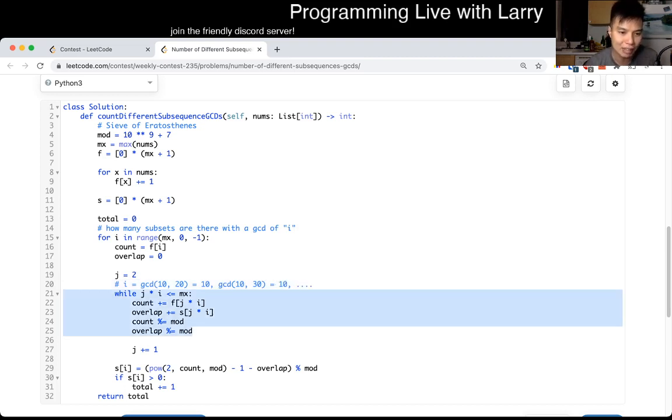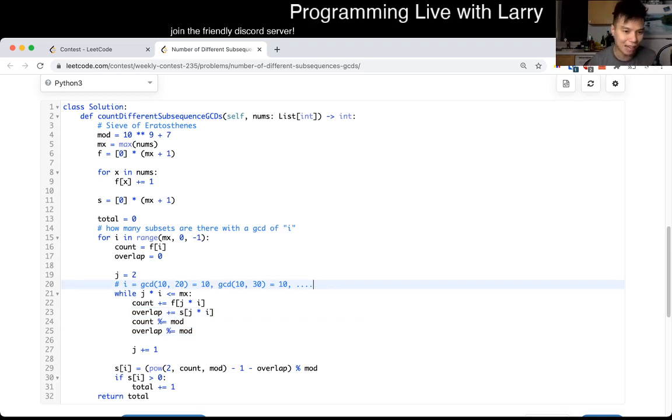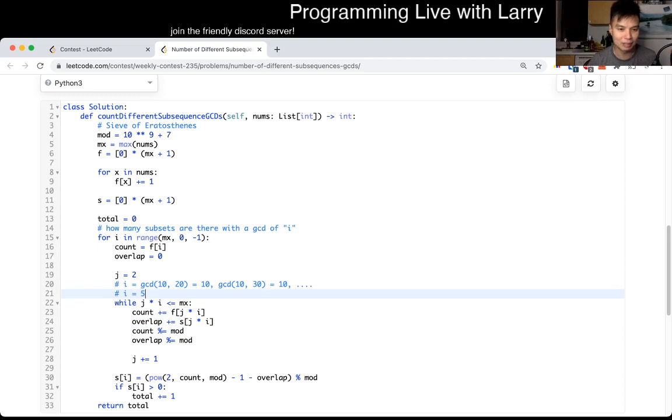We count the number of counts, and then we also count the number of overlaps that we already did. What that does is that we don't double count numbers, so that if we do 5 later, here this is going to be 5, but the number of sets here we want to subtract.